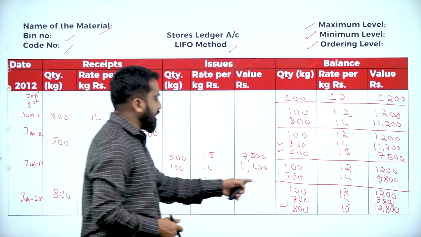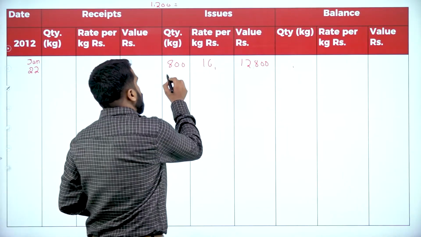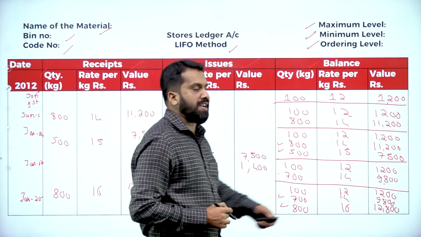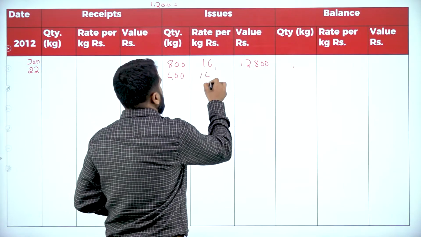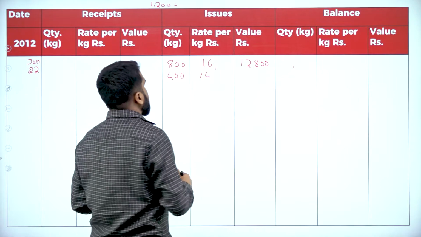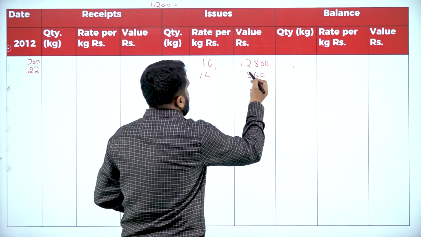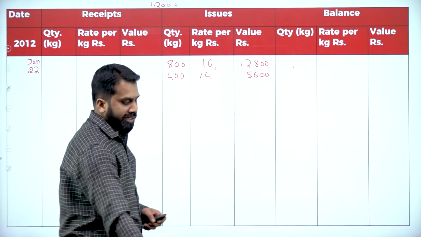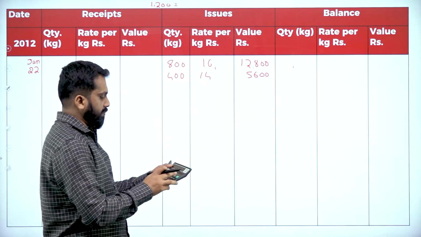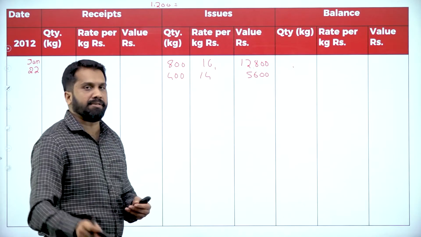Take 400 from the previous one. What is the value? We have a value of rupees 14. 400 into 14 is 5,600.